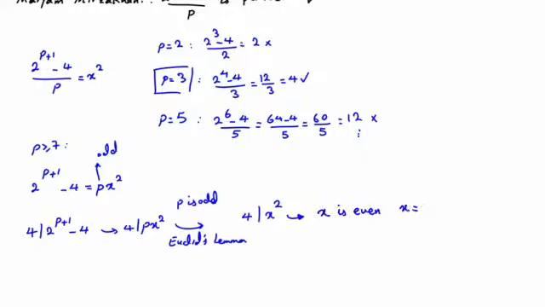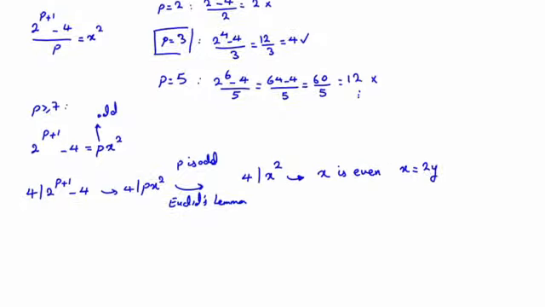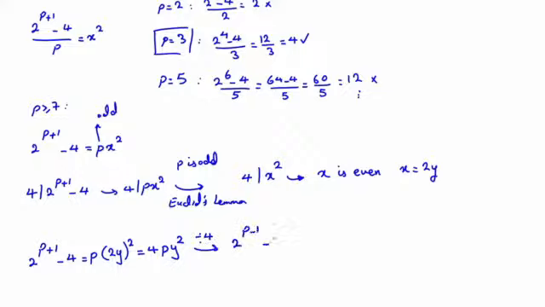Say x = 2y. So let's rewrite it: 2^(p+1) - 4 = p(2y)^2, which is 4py^2. If we divide both sides by 4, then it will be 2^(p-1) - 1 = py^2.